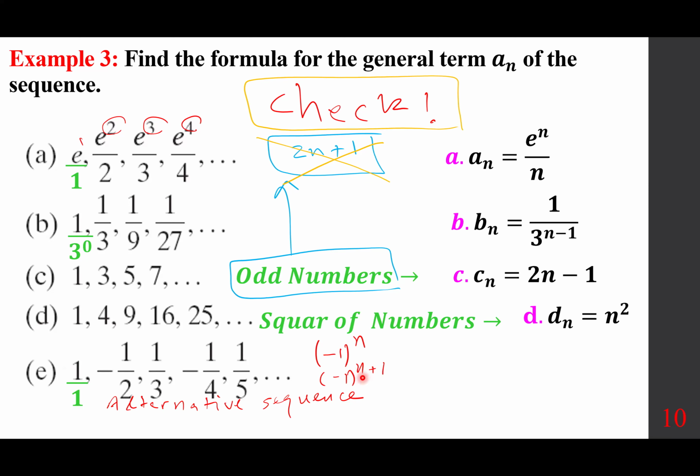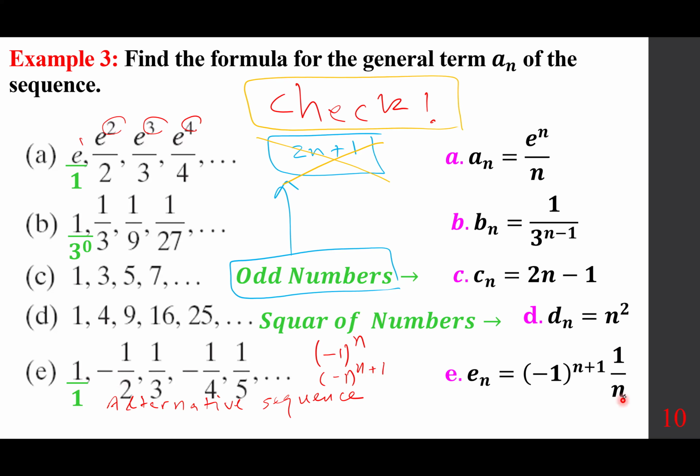If I use this one and n is 1, minus 1 squared is 1. So that means positive. The next one, if I use 2, 2 plus 1 is 3, minus 1 cubed is negative. That works. So I get minus 1 to the power of n plus 1, because the first one is positive, the second one is negative, and times 1 over n.